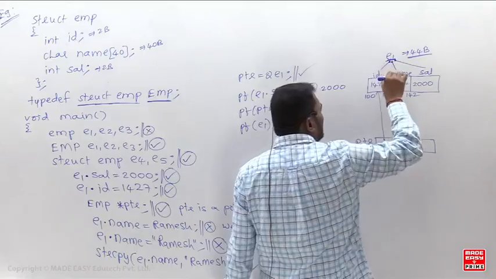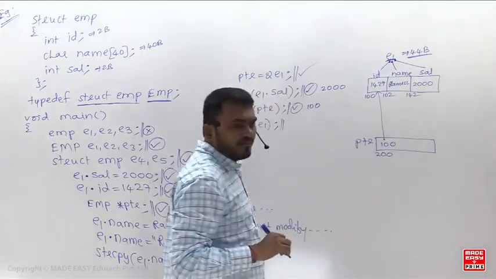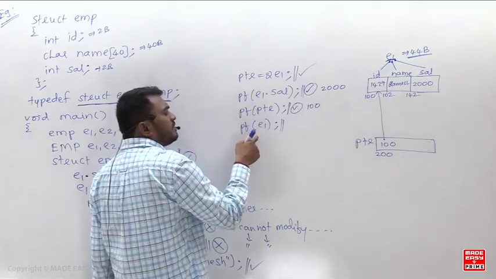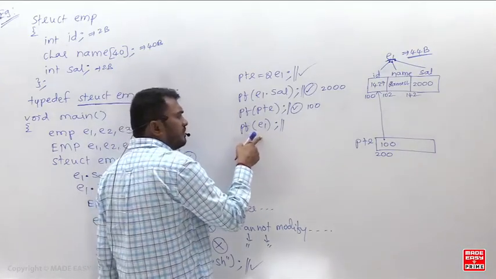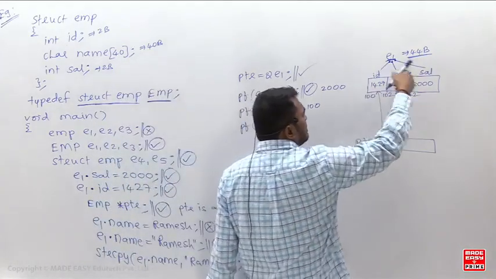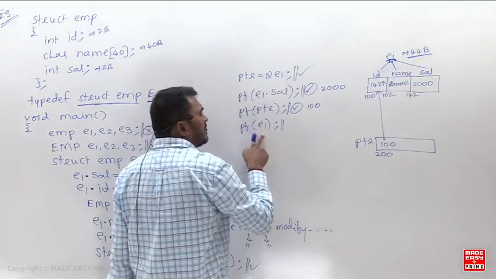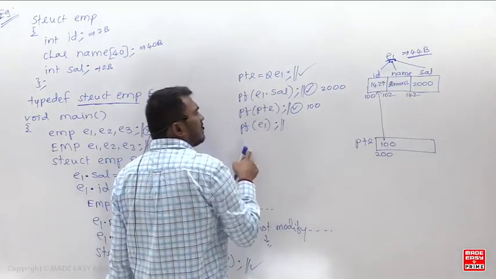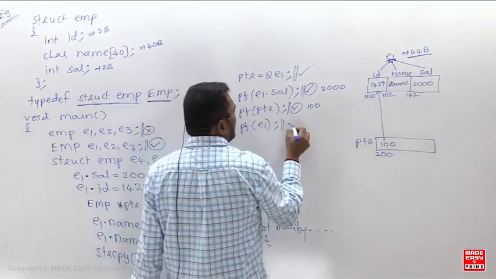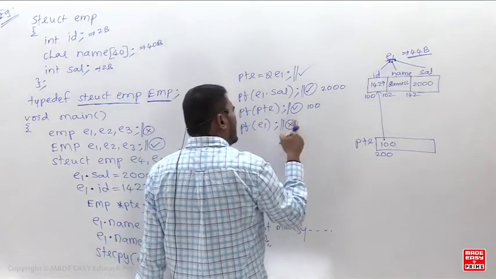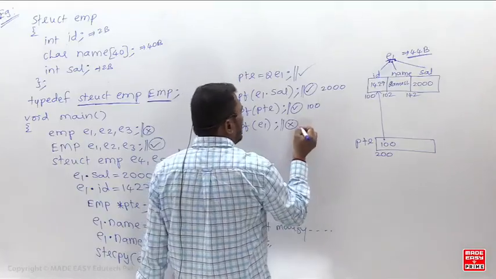You should have clarity on which one you want to print. If you write simply printf E1, you are confusing the compiler. E1 has three things, and you should clearly provide whether you want to print id, name or salary. That is not having clarity, so this will give an error. But remember, in some compilers it may work.